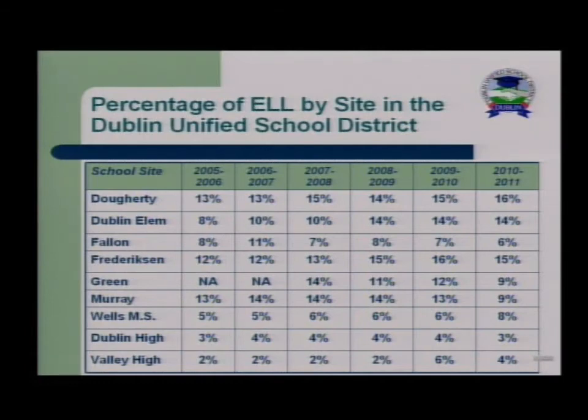There's not a whole lot of change from left to right at any one school, but what it really illustrates, I think, is that as you go from elementary into middle school down to high school, the number of ELD students decreases significantly, which would indicate to me, of course, that they are progressing through the system and out of the system by the time they are reaching high school. It seems to be a nice trend of starting off in the program and decreasing as they move throughout Dublin Unified.